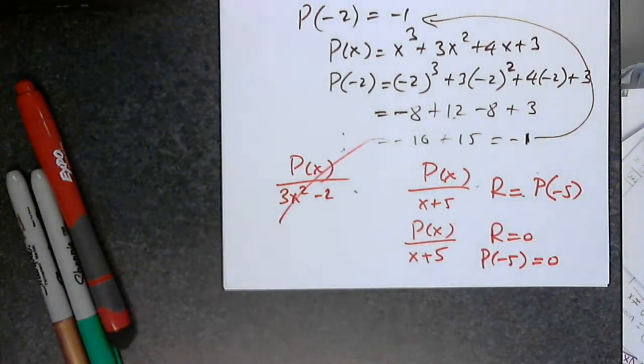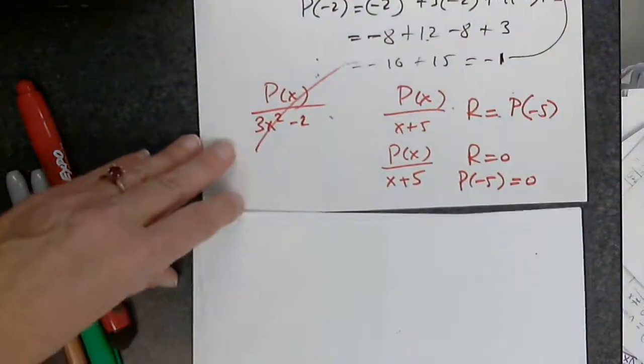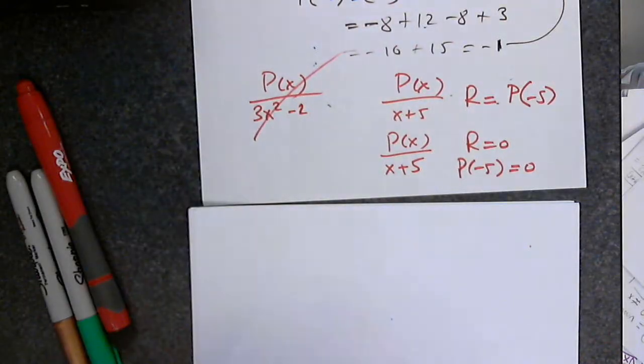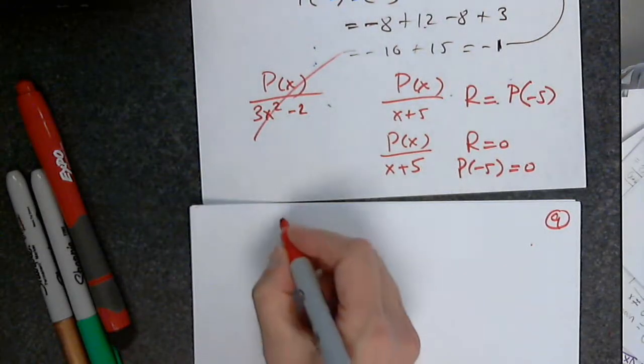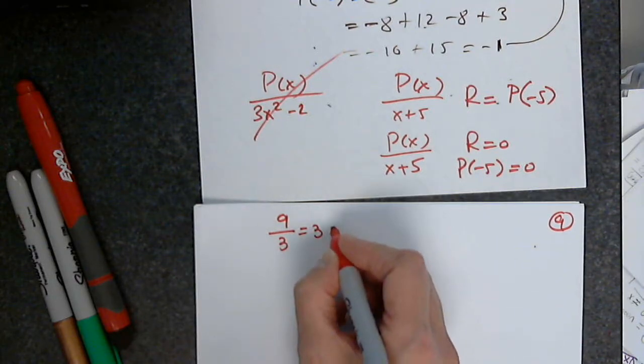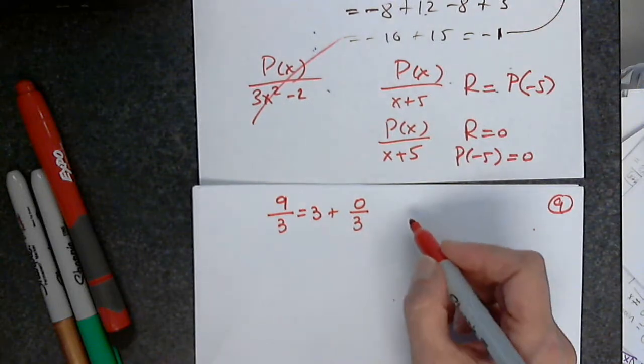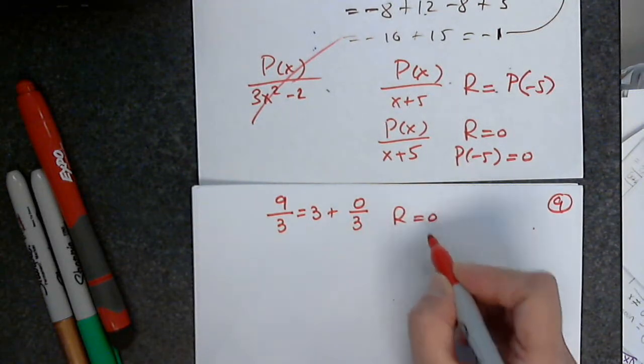And what does that mean, that P of negative 5 is 0? Before you say anything, let me come back to that simple numerical example. I said that 9 divided by 3 is 3 plus 0 divided by 3. I don't have to write that, but I'm making a point that the remainder is 0.